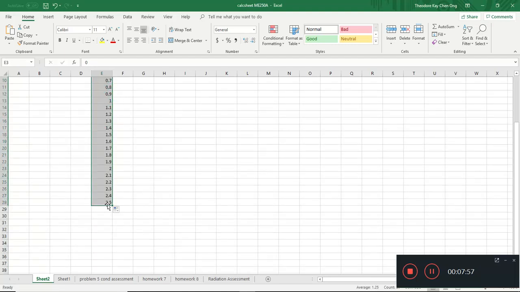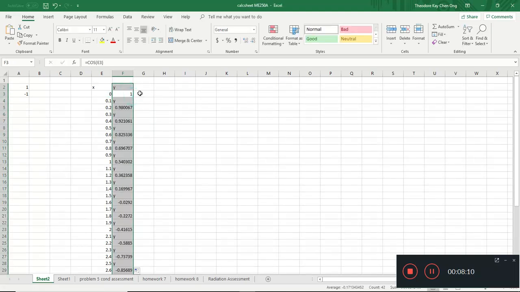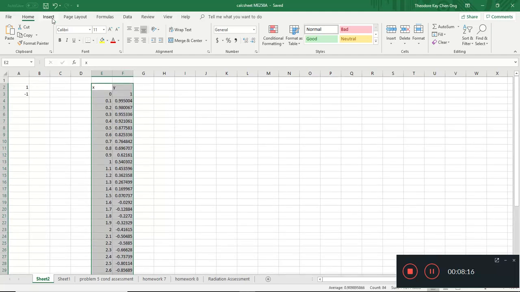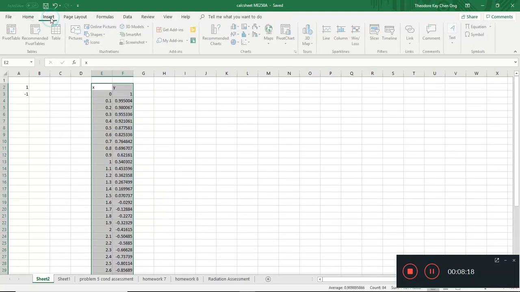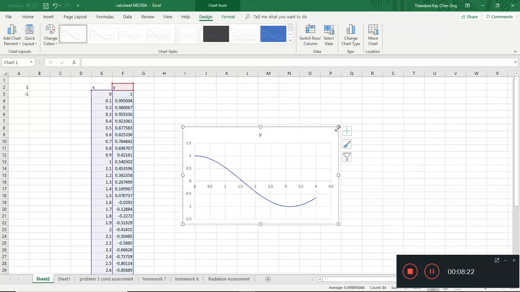Pi by 2 is about 1.57 and pi is about 3.14, so I will have it somewhere here. So we have cosine of this. Let's plot the simple graph. Yeah, so this is a cosine theta graph.